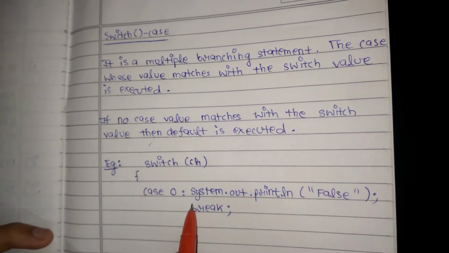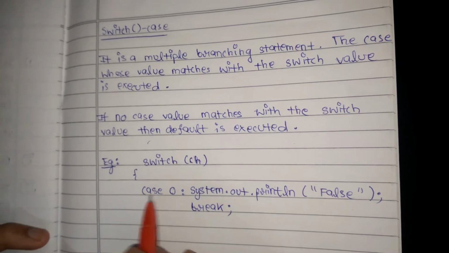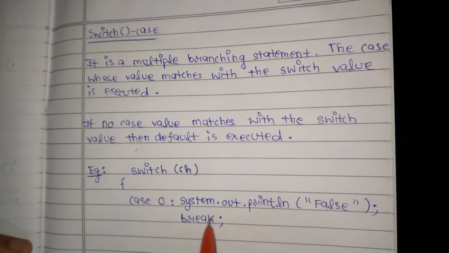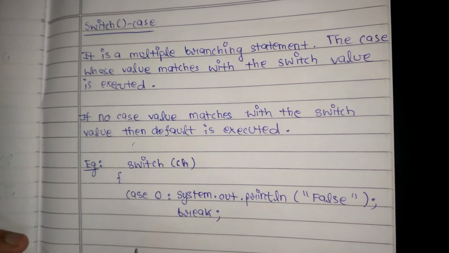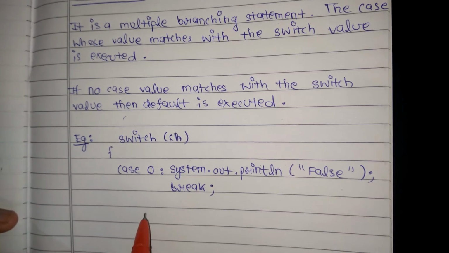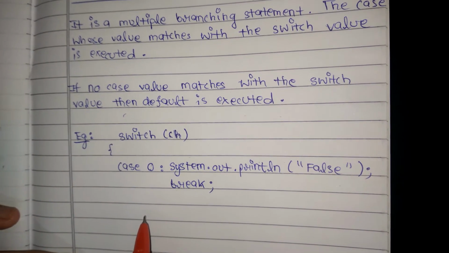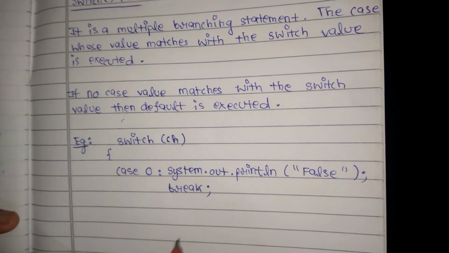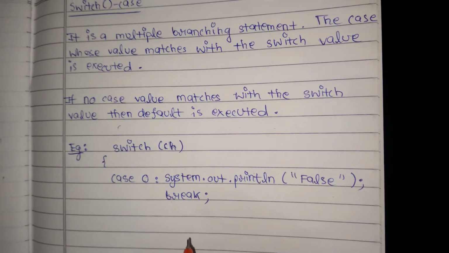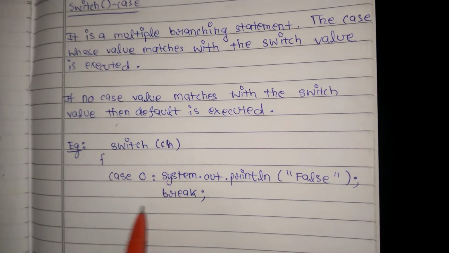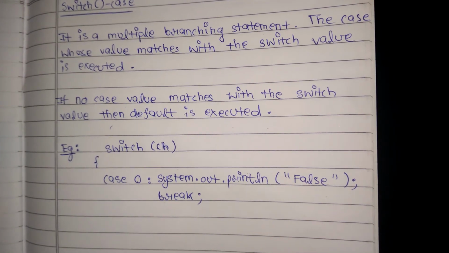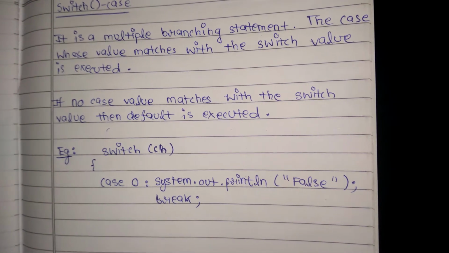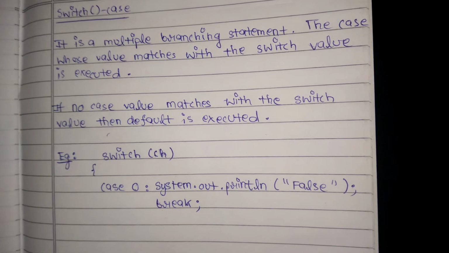This break statement is compulsory to give in each case. If you do not give it, then the default value will also be executed along with this value, and this in Java is known as fall through in switch case. I will tell you about its definition in later videos.